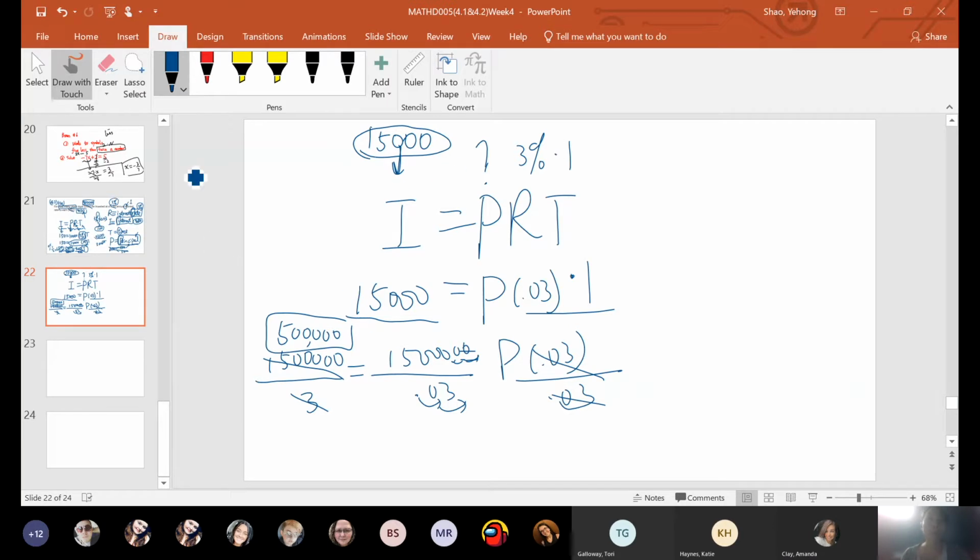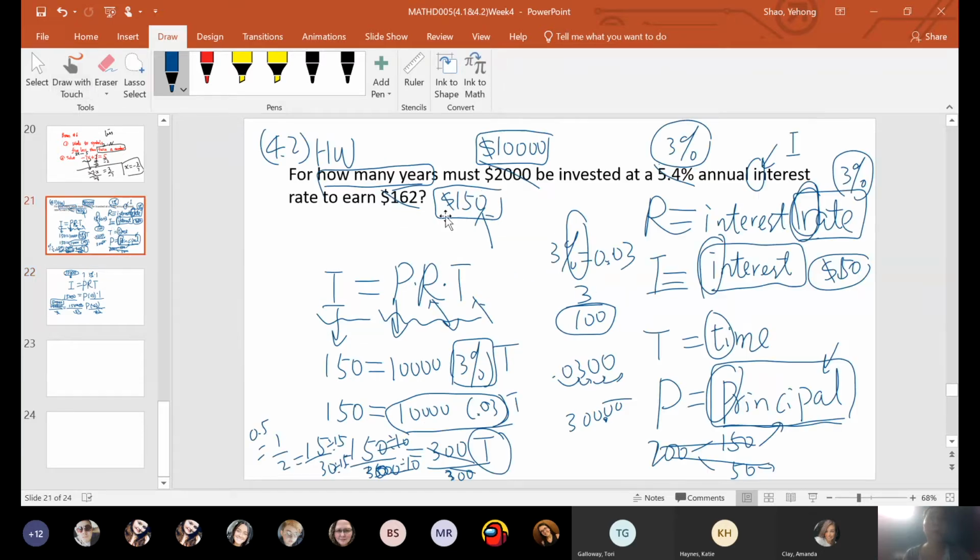And there could be other questions. In the first example, like in the homework, it's asking you to solve for time. We know interest, principal, and rate, and we ask for the time.